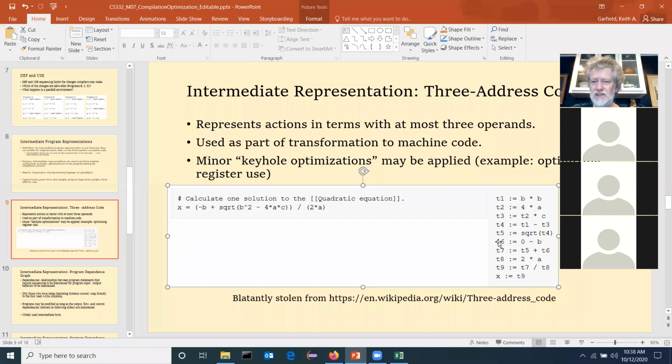Minus b plus T5 is actually 2 operations. So they do the minus b operation first, and then they do the T plus 5 operation. Now they've got the numerator. T8 is 2 times a. Now they've got the denominator. And then they do T7 divided by T8. Now they've got the actual result.